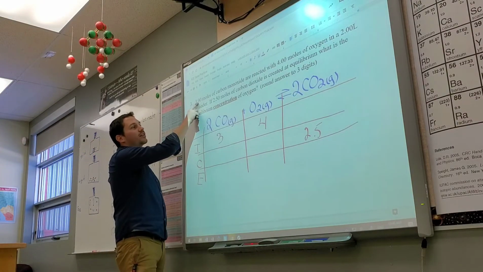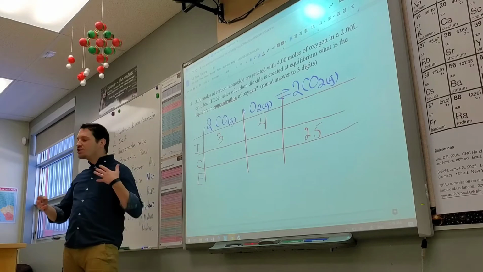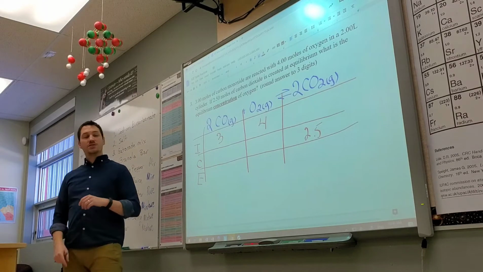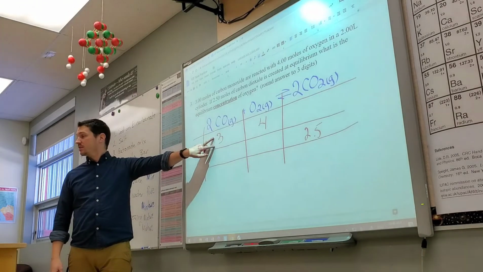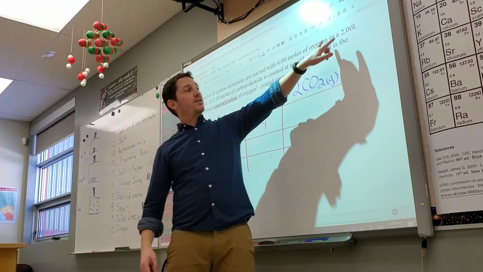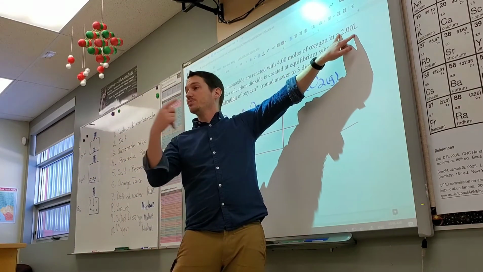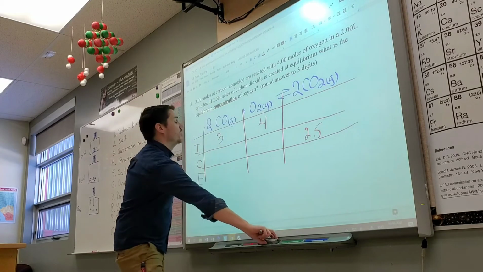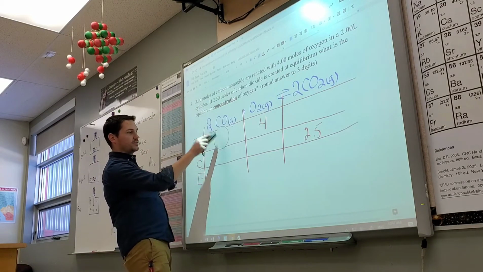So instead of writing 3 moles of carbon monoxide, what should I have written? I'll take my moles, 3 moles, and divide it by my volume, so I get moles per liter. Hopefully this doesn't erase more than I want it to.